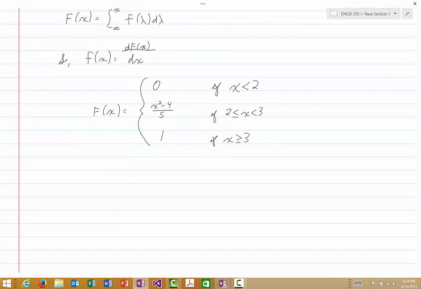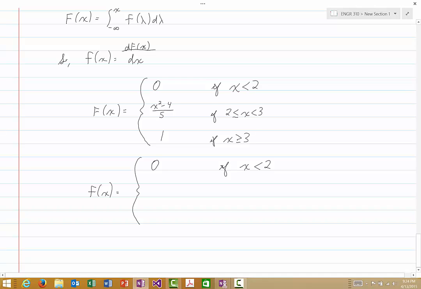And so if we want the density function, we just take the derivative. And of course the derivative of 0 is 0, and that's in the region x is less than 2.